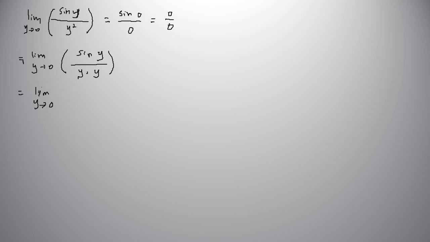And then by using properties of limit, we can separate the function into the limit as y approaches 0 of 1 over y, multiplied by the limit as y approaches 0 of sin y over y. For the first one, we can substitute y equal to 0, so we have 1 over 0.